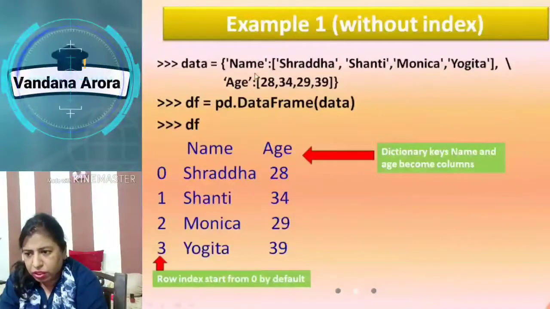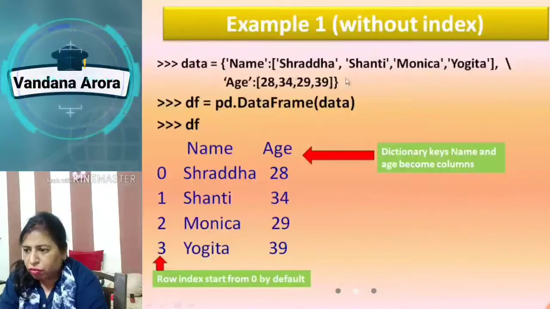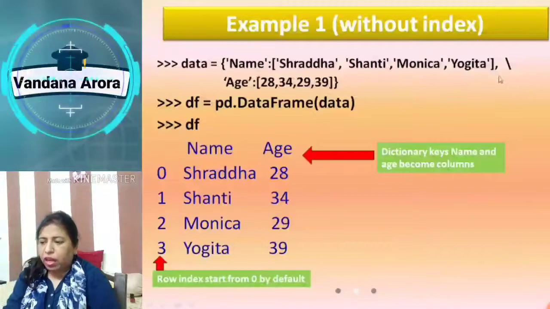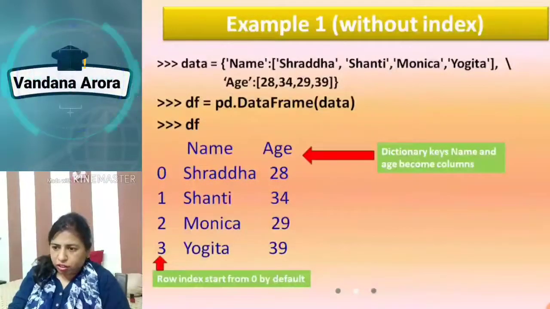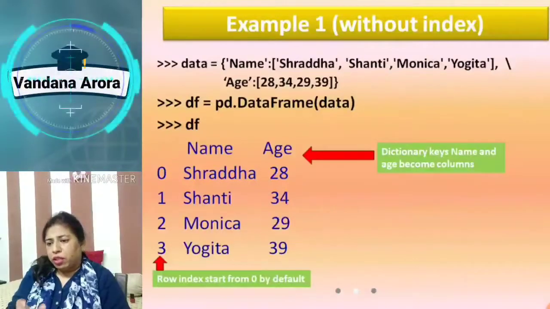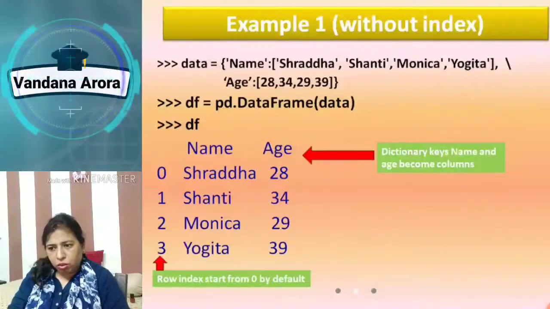It means this key contains the values in the form of a list. It means I am using a list inside the dictionary. Clear? Name is my key, and how many names am I storing here? 4 names I am storing here. Shraddha, Shanti, Monica, Yogita. Clear?